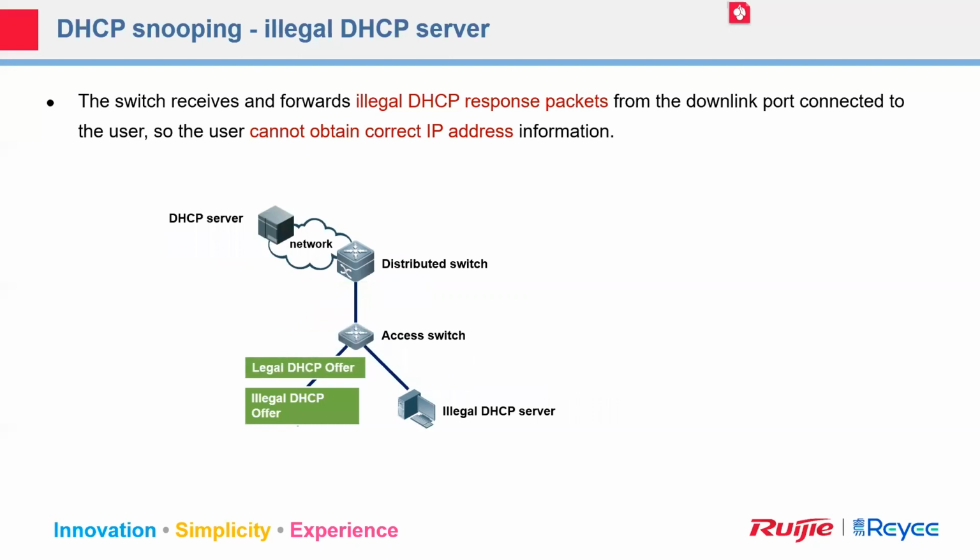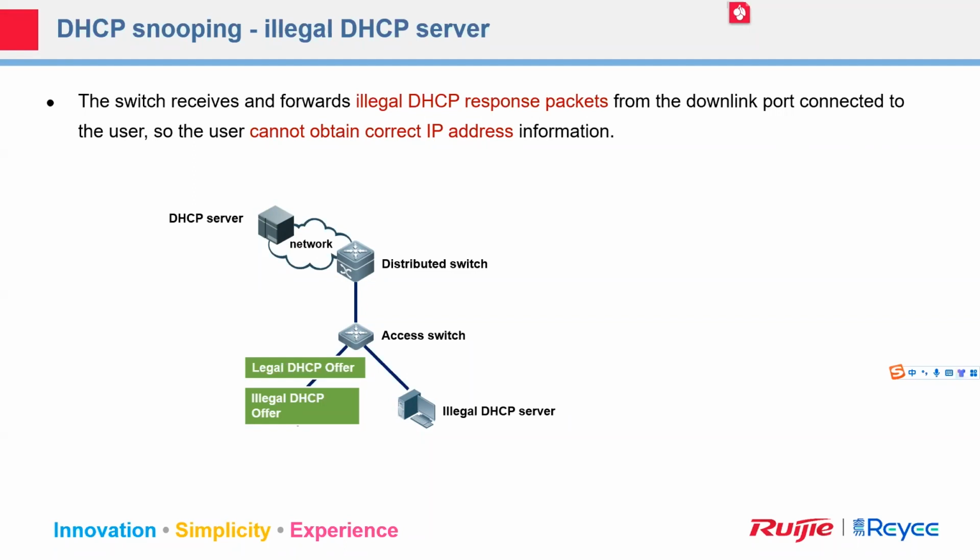Then about the PC, which packet is better? Who can give me the answer? Which packet is better for the PC, the first one or the second one? The legal one? Why? Why is it the legal one?